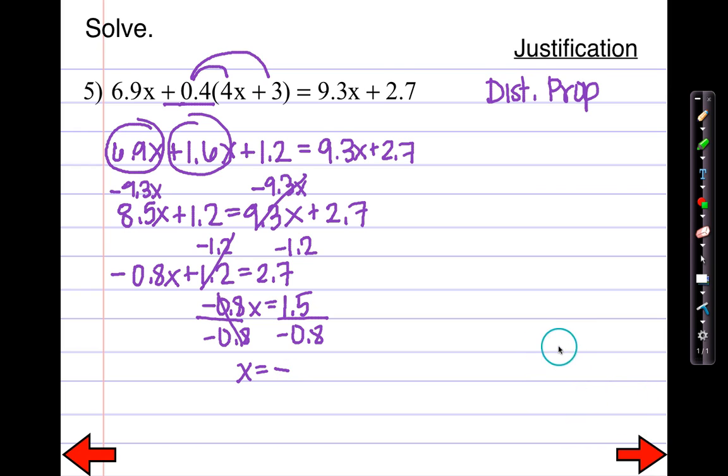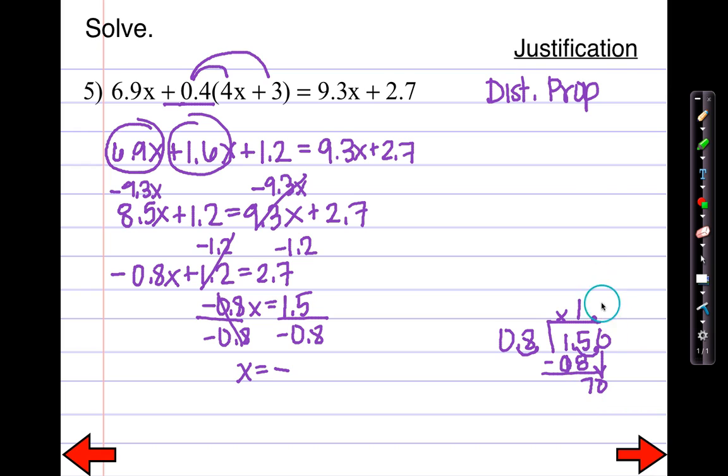So let's do some side work. Let's see, 1 and 5/10 divided by 0 and 8/10. I'm going to go ahead and move my decimal first, one place over. 8 cannot go into 1, but it can go into 15 once. Oops, it's going to be 8, leaving me with the remainder of 7, bring down a 0.